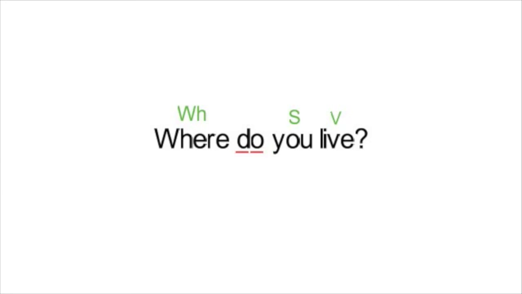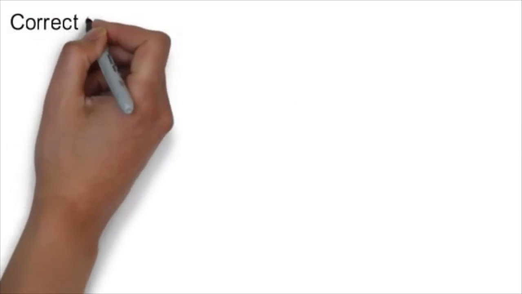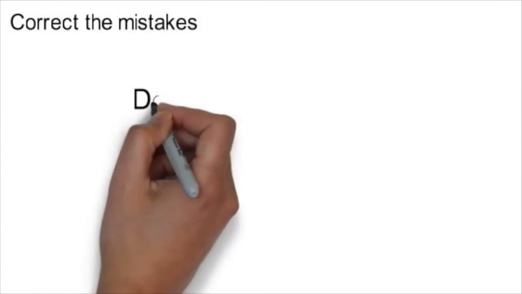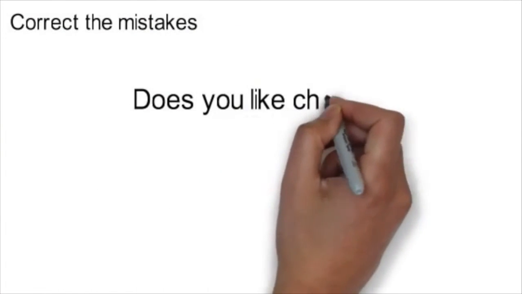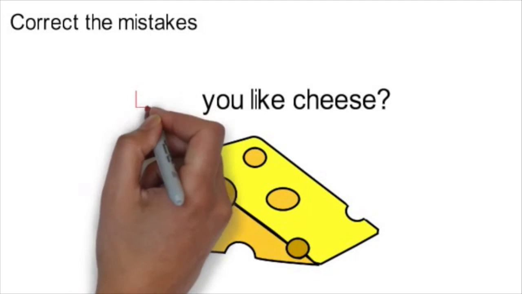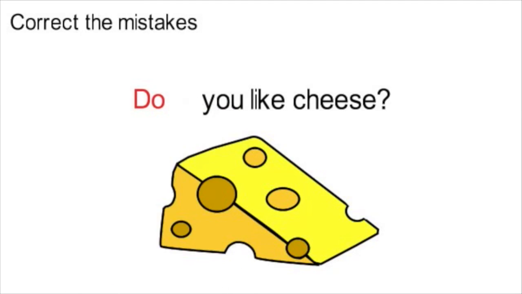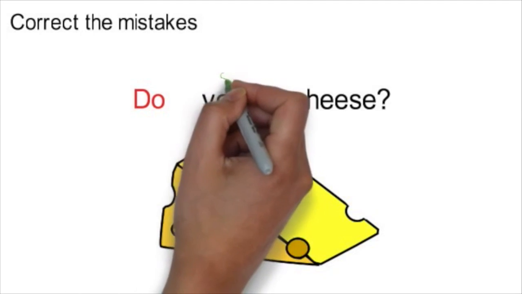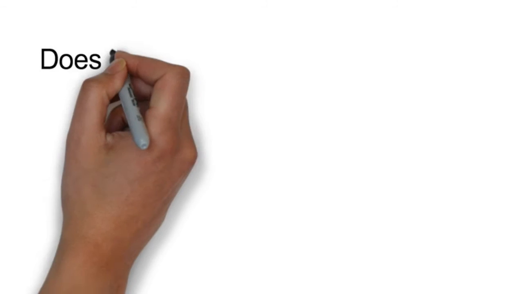Here are some questions that are not correct. Change the words to make the tense correct. Does you like cheese? What is the mistake in this question? Yes, you're correct. The sentence should be, do you like cheese? What's wrong with this question?